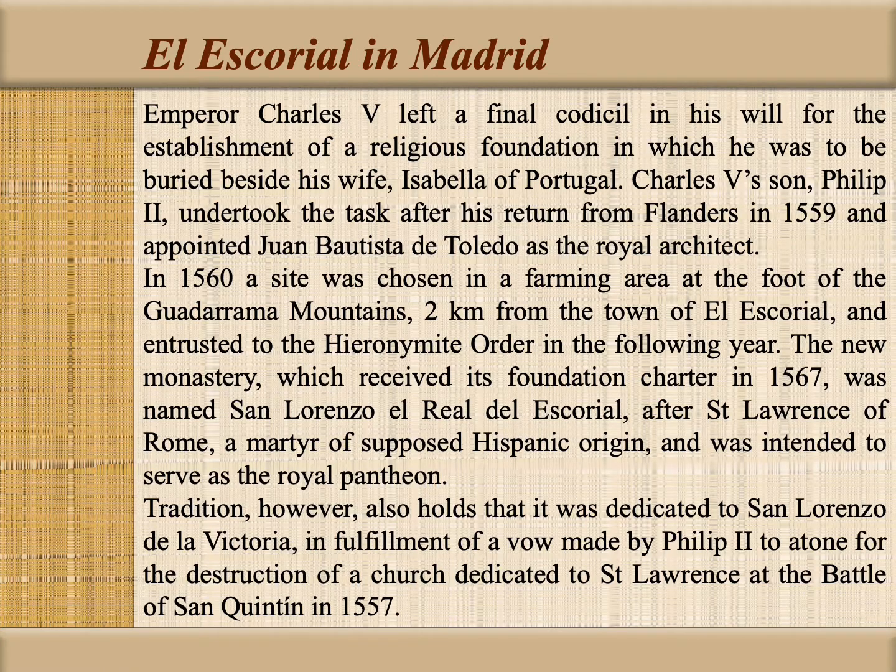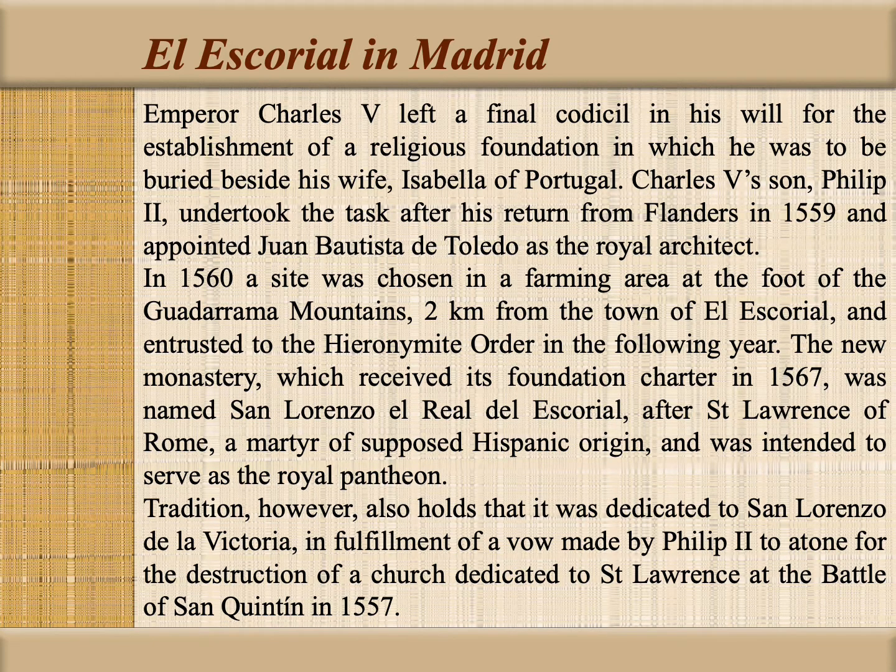All right, so now we're going to start a conversation about El Escorial in Madrid. So this was commissioned by Emperor Charles V, who said that this religious establishment should be built so that he could be buried beside his wife Isabella of Portugal, and his son Philip II would undertake the task of building this, and he assigned Juan Bautista de Toledo as the royal architect.